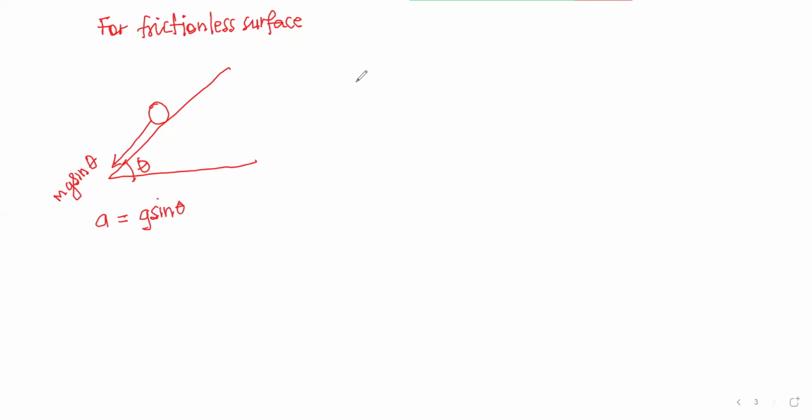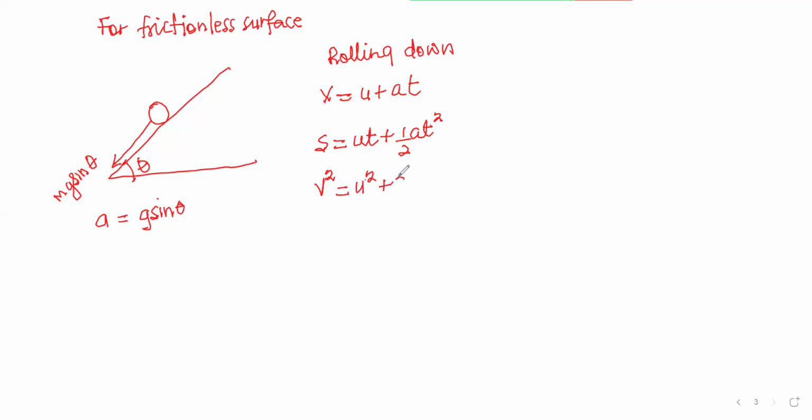So when the body is rolling down the plane, recall the linear motion equations. Equation 1, V is equal to U plus AT. Equation 2, S is equal to UT plus half AT squared. And 3, V squared is equal to U squared plus 2AS.